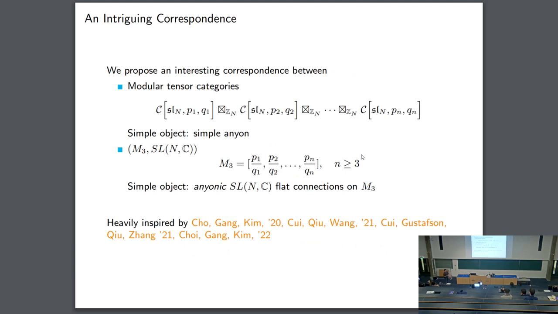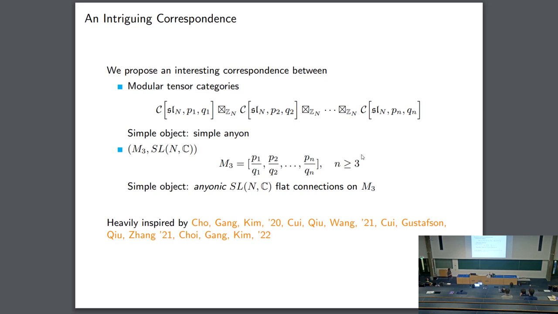So just to dive right into it, the main message of the talk is to draw your attention to this interesting correspondence we have proposed between MTC on one side and a choice of three-manifolds, which I call M3, and a choice of group.